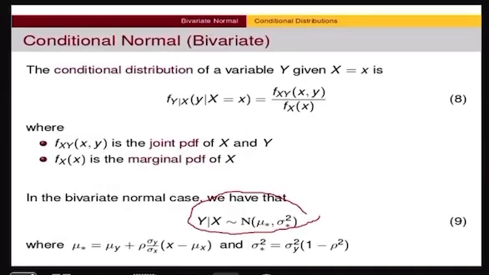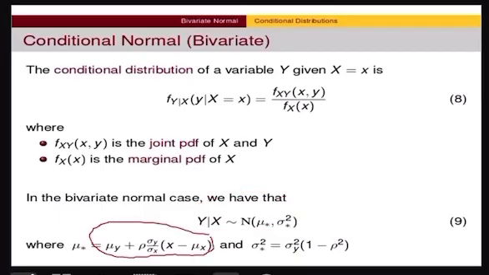Please pay attention. The conclusion we want to make is very crucial. Take a look at the conclusion here. That is the conditional mean. That represents the conditional mean of y given x, which means the expected value of y given x equal to something.